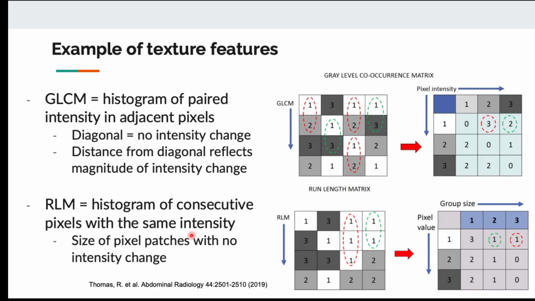So to give you some example of the texture features. For example, if we want to compare adjacent pixels, we want to compare pixels that are next to each other along the top and bottom direction. In this case, we see there are 3 places in the image that have 1 and 2 next to each other.